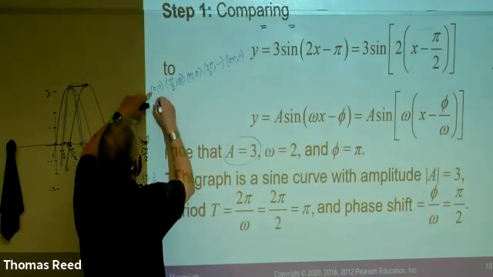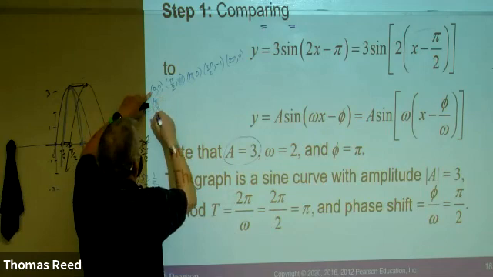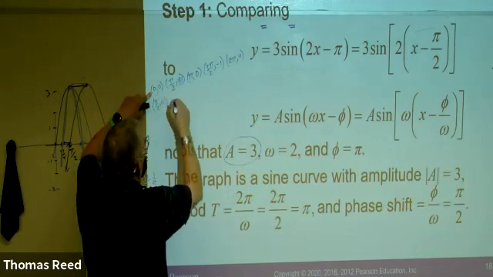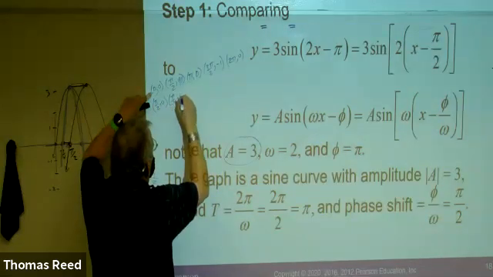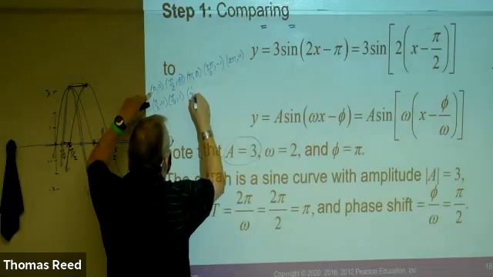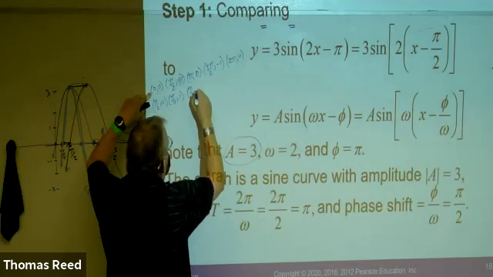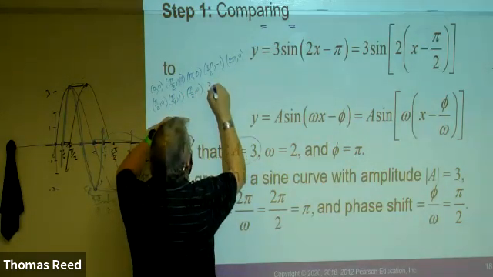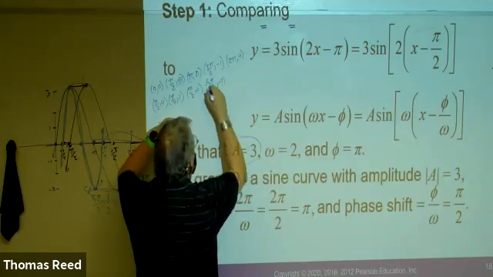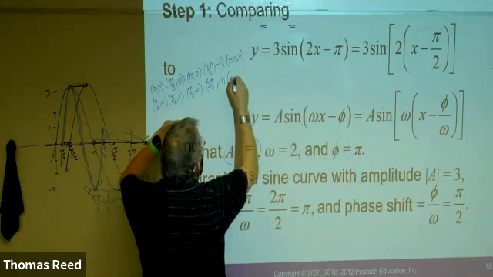So that became 1/2 0, and that became 1/4 pi 1, and this became 1/2 pi 0, and this became 3 pi over 4 -1, and this became pi.